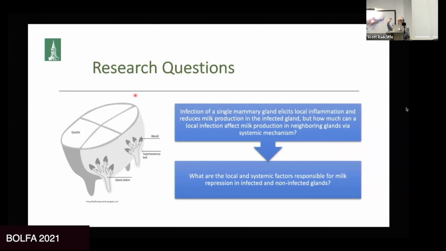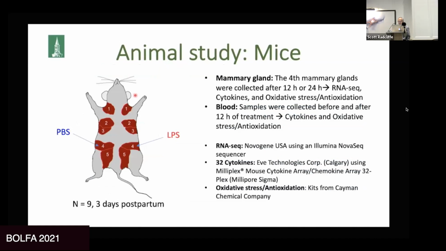We are not very clear. And most important, what are the mediators for the systemic and local effects? That's not clear either. So to answer those questions, we carried out 2 animal studies recently.